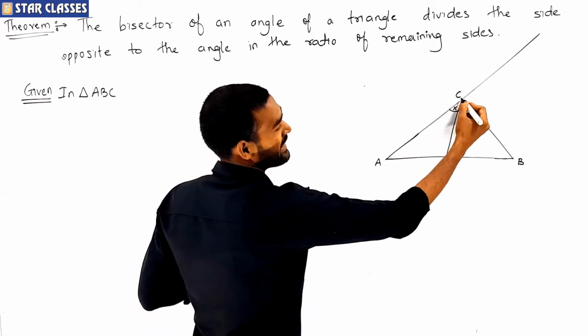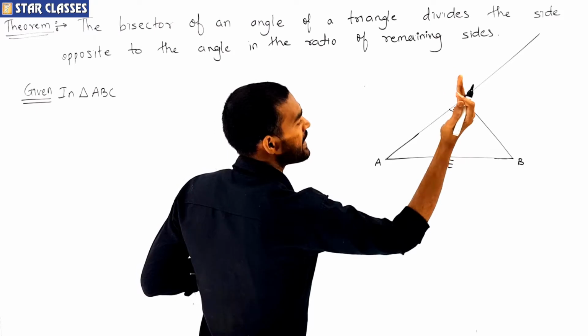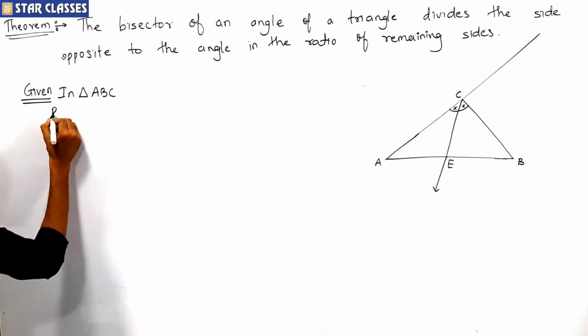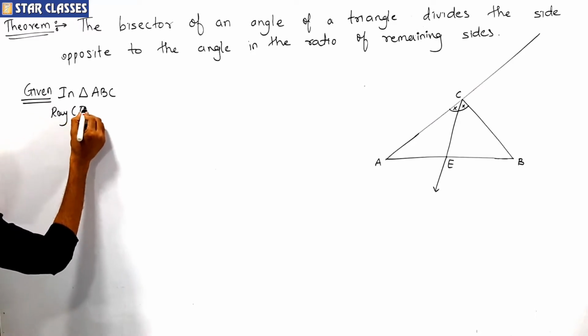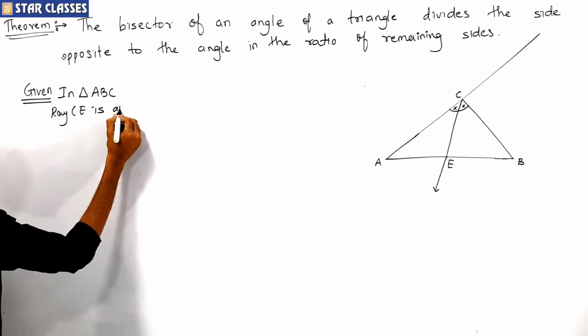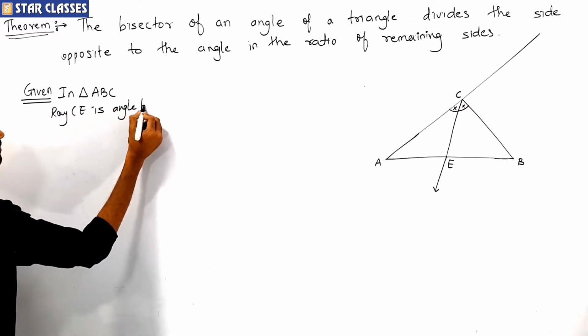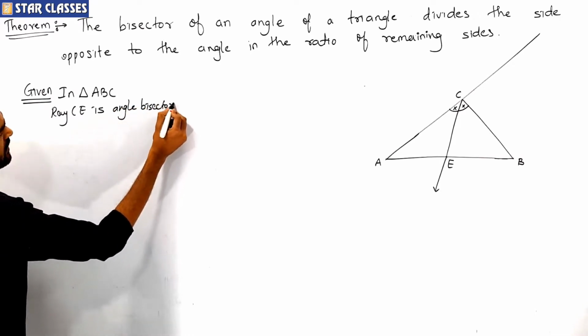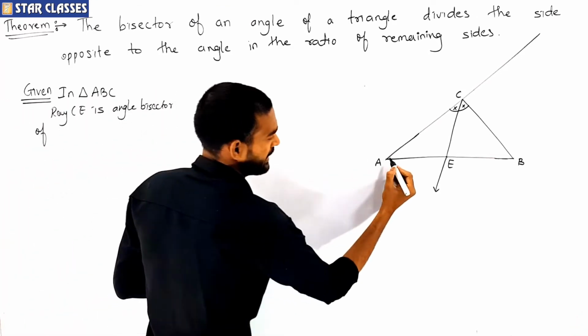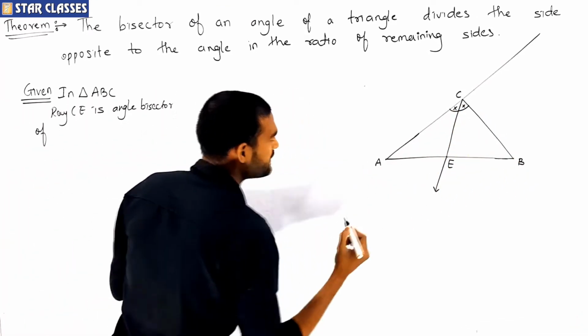We know that ray CE is angle bisector. So we'll write here ray CE is angle bisector of which angle? Of angle ACB.